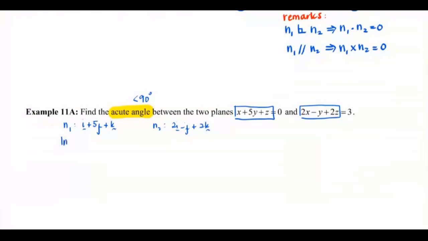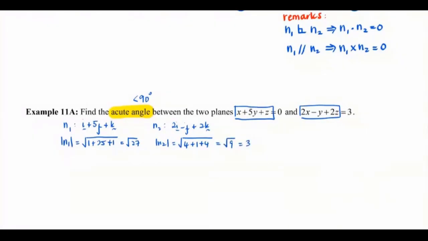So find the magnitude first. Directly we have square root of 27. And then magnitude n2, we have square root of 4 plus 1 plus 4. Directly we have square root 9 equal to 3.